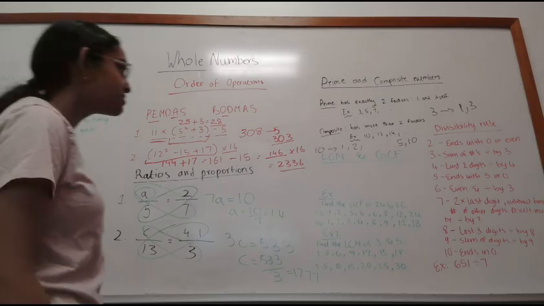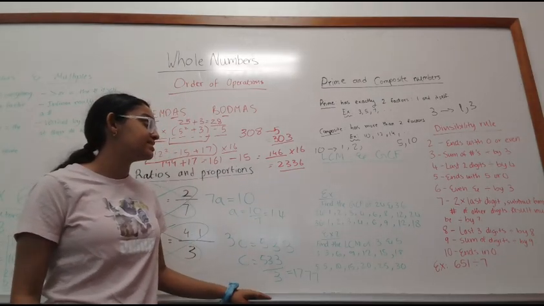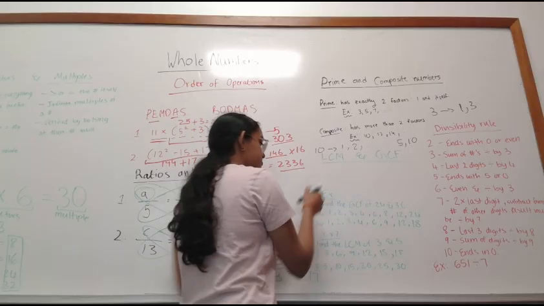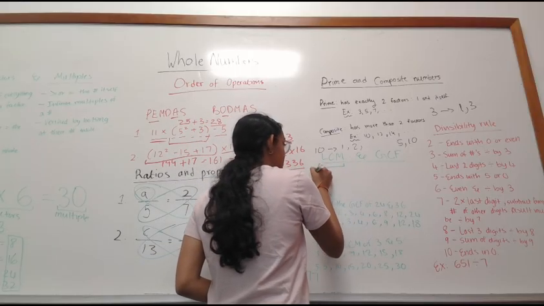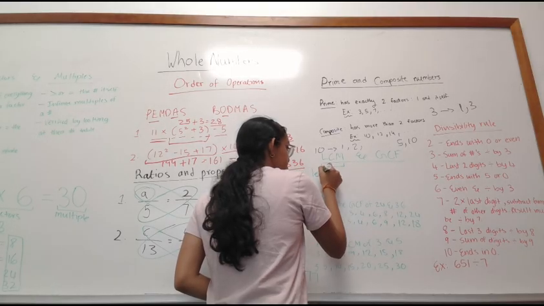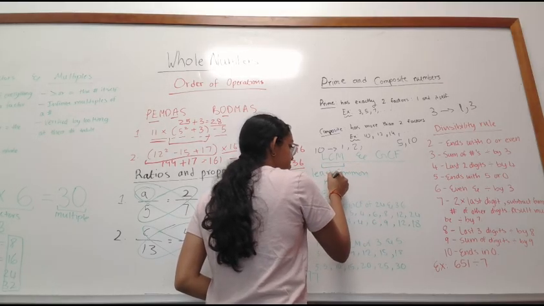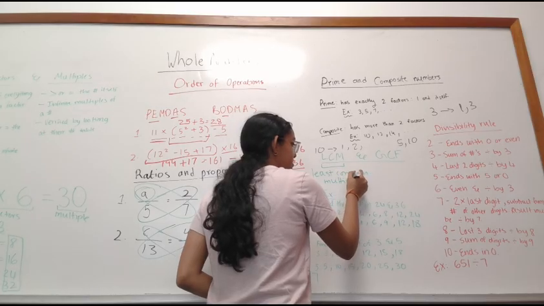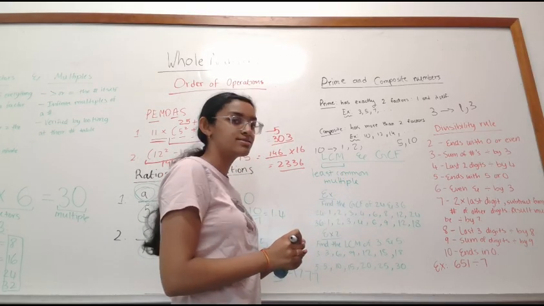Okay, so now we're going to talk about LCM and GCF. So what is LCM? LCM stands for least common multiple. So the name itself gives you what it is. It's the lowest common multiple between two numbers.